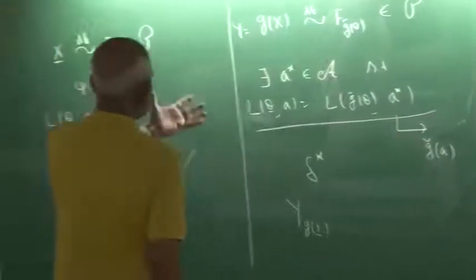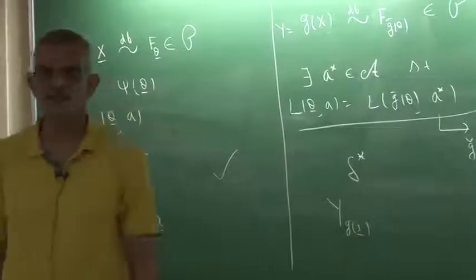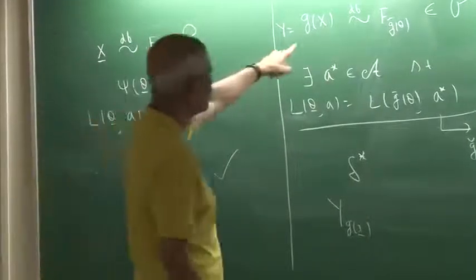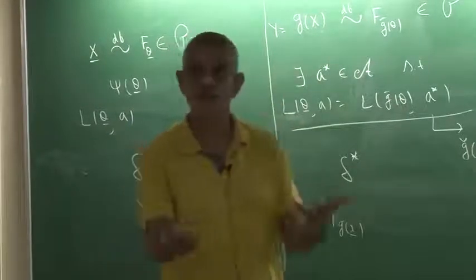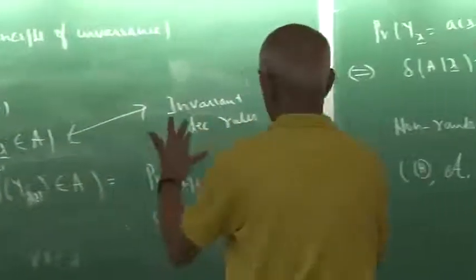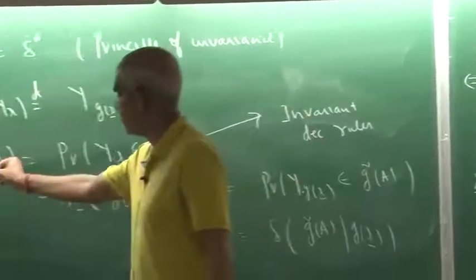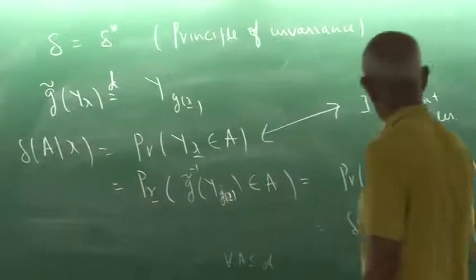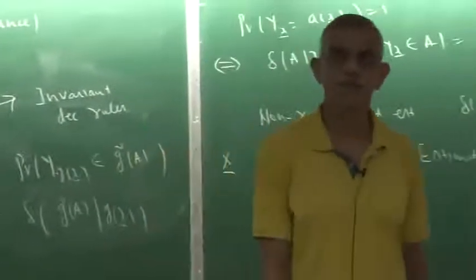Now I can generalize this whole discussion to any set of transformations. This was just one single transformation. There is a possibility that such a thing holds for a group of transformations. And then I can extend all this, and I say that I should only consider all those decision rules which satisfy this as g varies over that group.